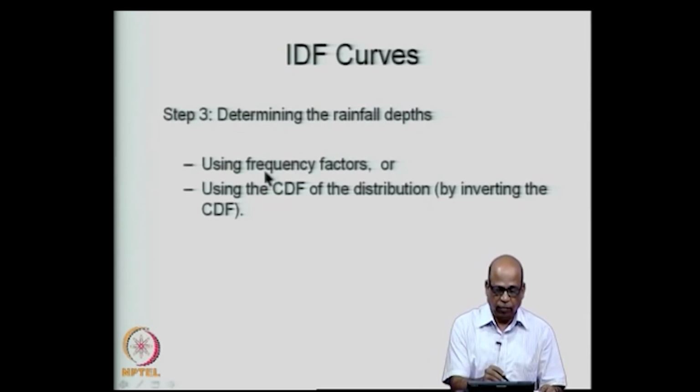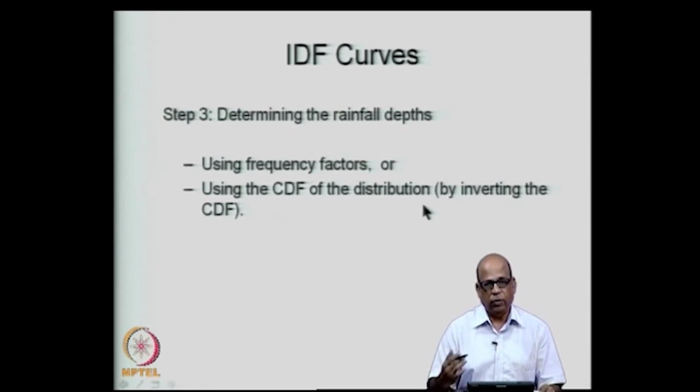We can either use the frequency factors, which depend on the return period as well as on the distribution, or, if the distribution that we are using is in fact invertible, we can use the CDF of the distribution directly and then obtain the xt.